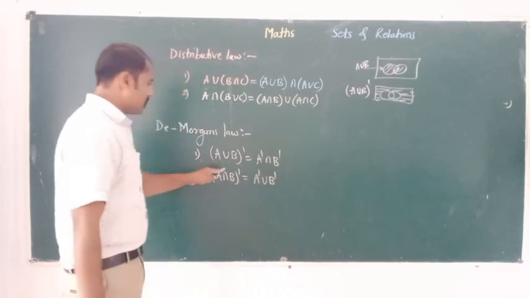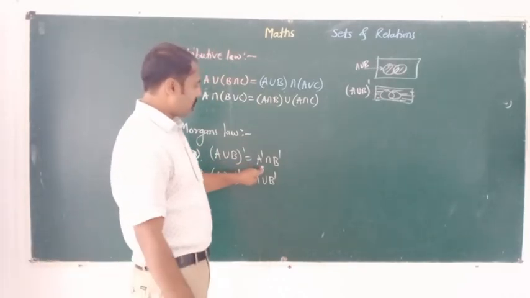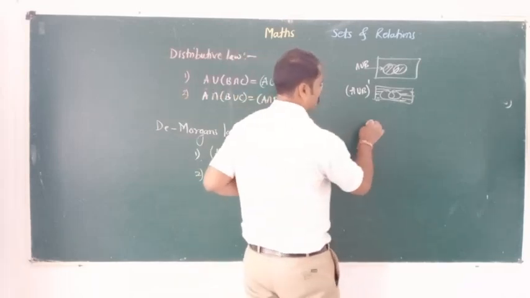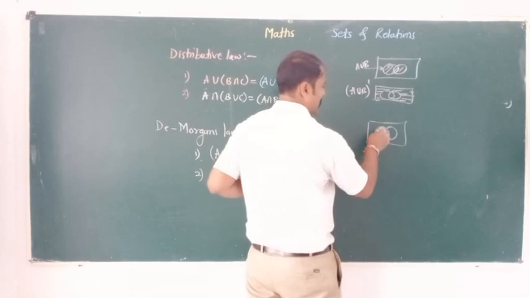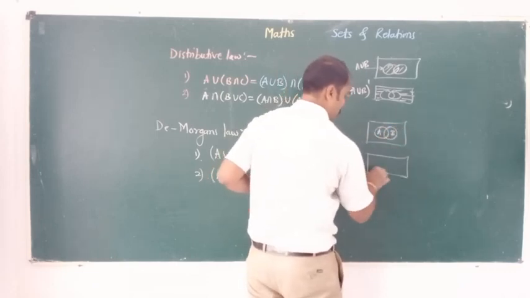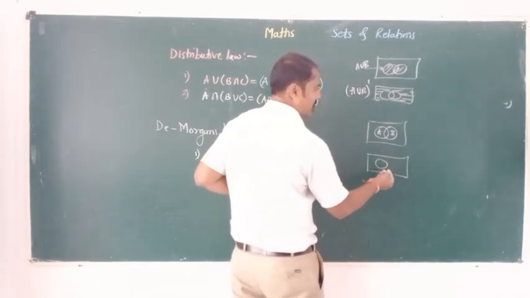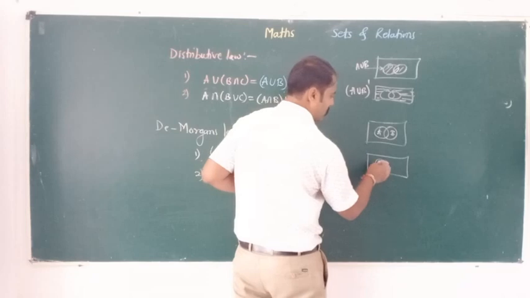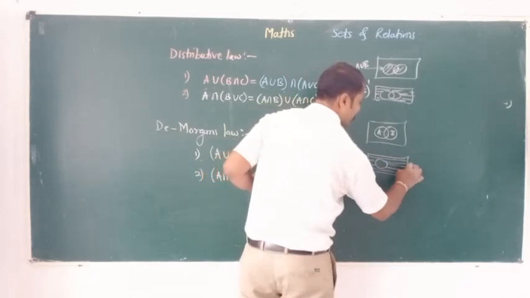Okay. Now I am taking the RHS of this De Morgan's law, A dash intersection B dash. First I find A dash and second, the intersection with B dash. It's our A, it's our B. So A dash is what? A dash is the set of elements which are not in A but in U. This shaded set is nothing but A dash.